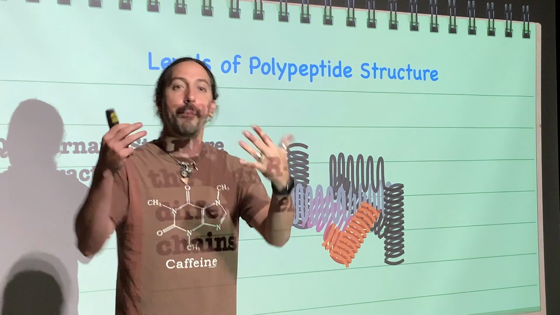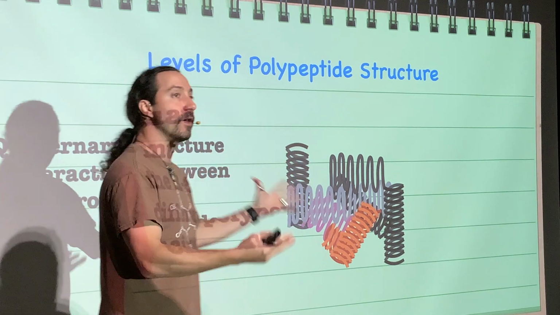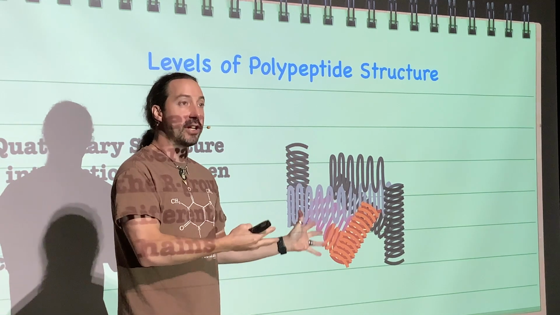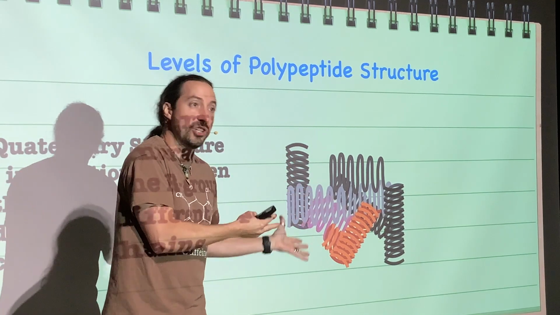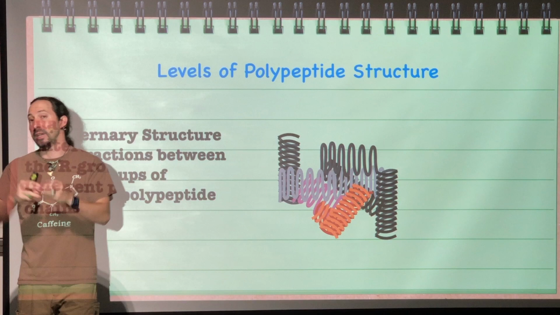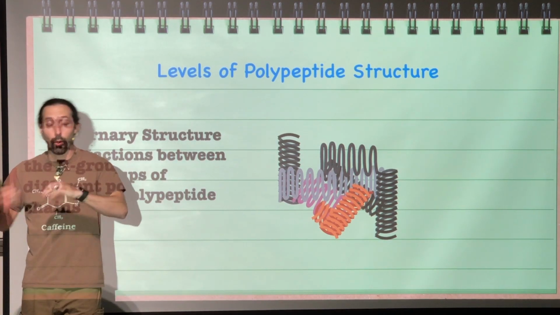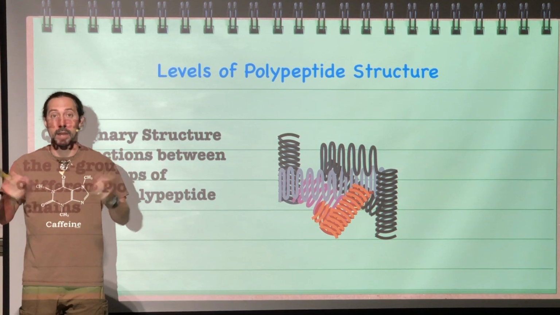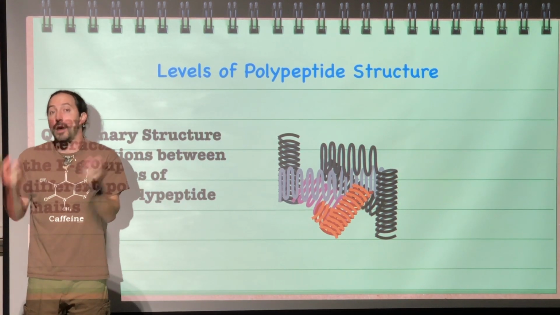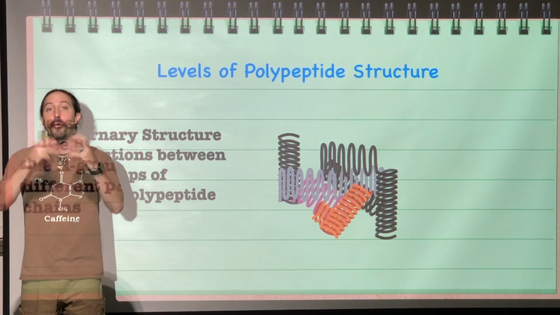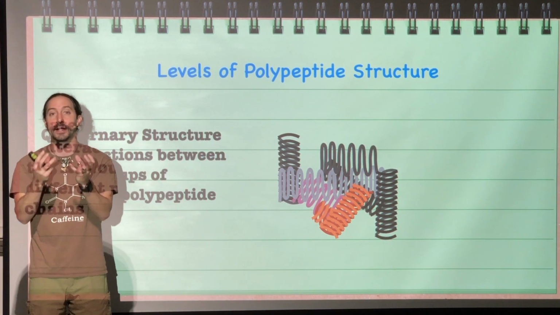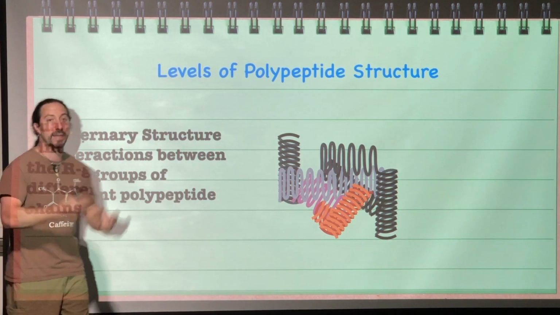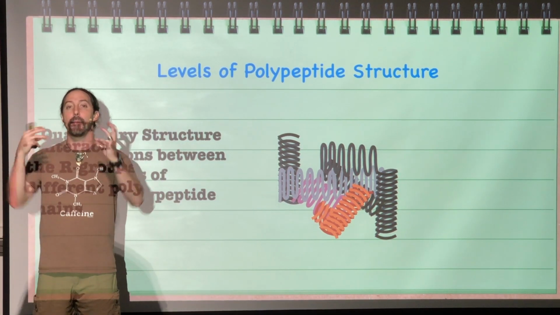And so many proteins have quaternary structure where originally that polypeptide chain was just a polypeptide chain, but now that it's interacting with another polypeptide chain, or maybe two other polypeptide chains, or 3 or 4 or 5, as long as it's interacting with other polypeptide chains to form a single functional unit, that would get us to quaternary structure, and that would also make it a protein.